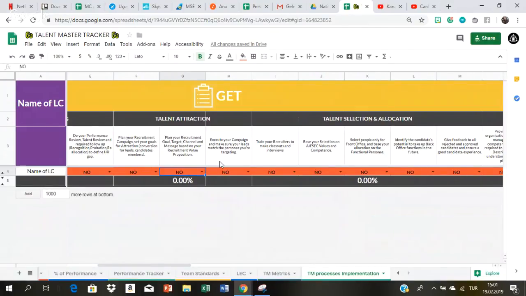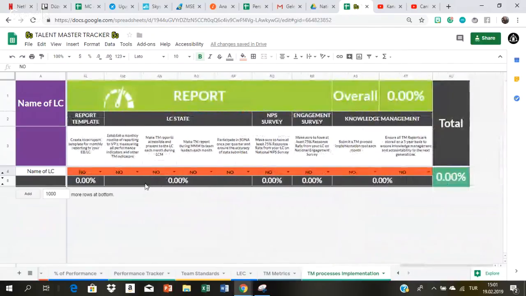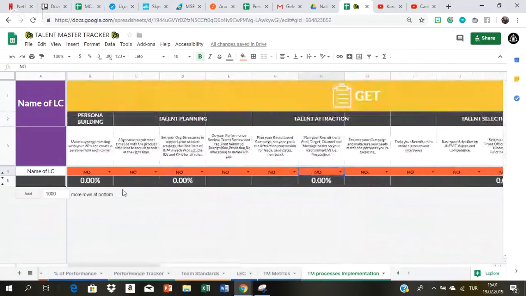So you will put some data for what you currently have, and when you finish it, I am asking you to change only these parts: develop, keep, and report. So when you implement things, just put yes and think general, okay?